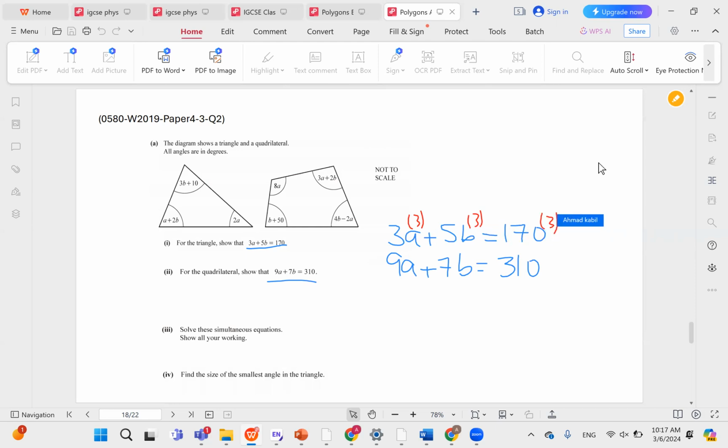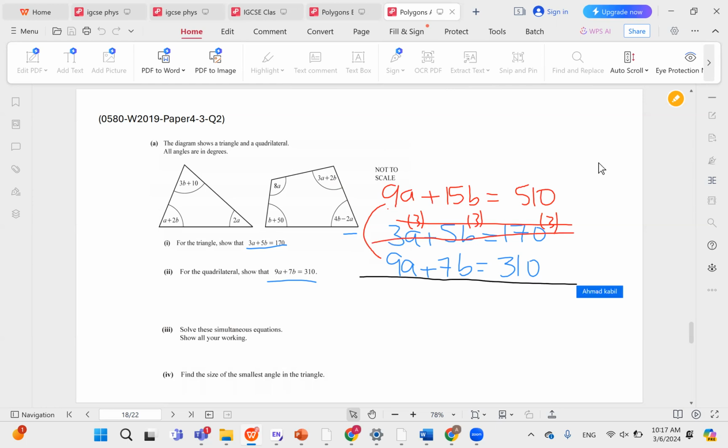And then this becomes 9a plus 15b equals 510. And we no longer need this equation here. We will solve these two equations together by elimination. So we'll just subtract.